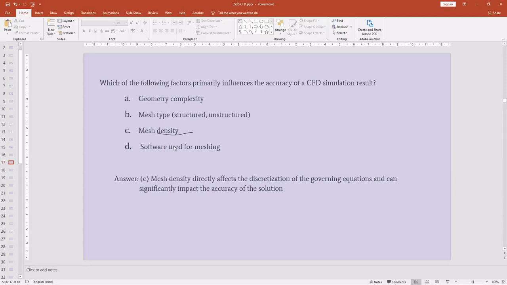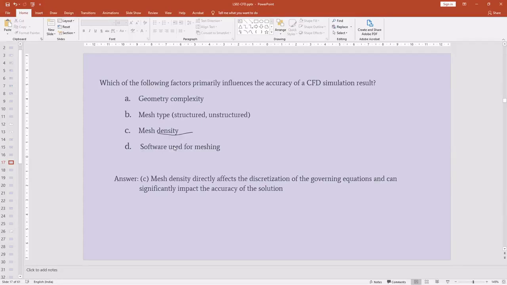That is the refinement. Mesh density means if we take some particular volume, how many cells are there in that given volume? That's the mesh density. Mesh density is directly proportional to the refinement.